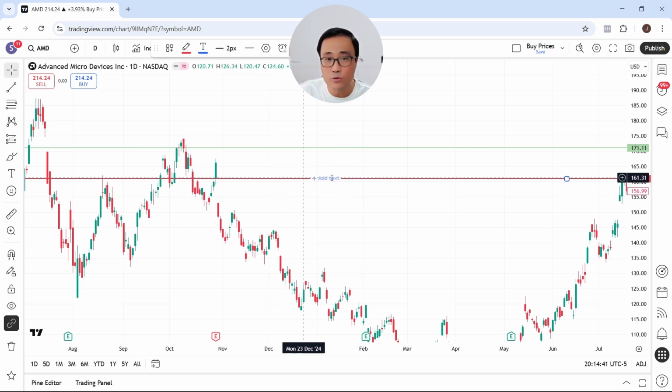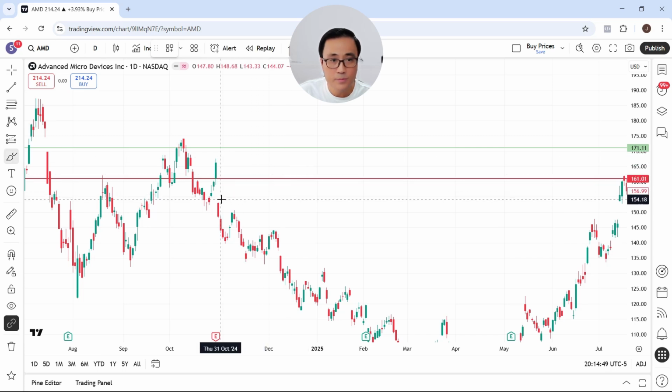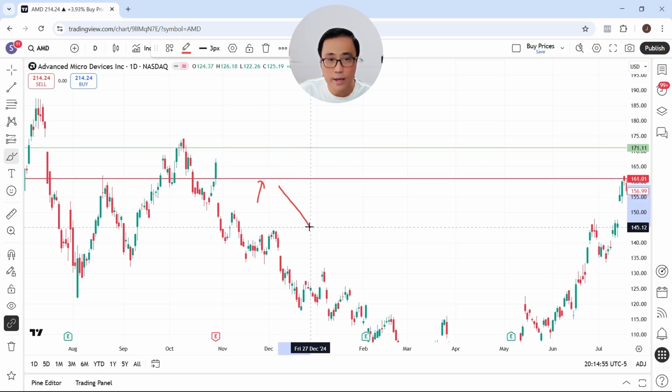It becomes an overhead resistance. So if the price does come up, it tries to push through it, but it gets pushed back down to close the gap, comes back up to that resistance level, and that becomes resistance where the price comes back down. Let's take a look at what that looks like.